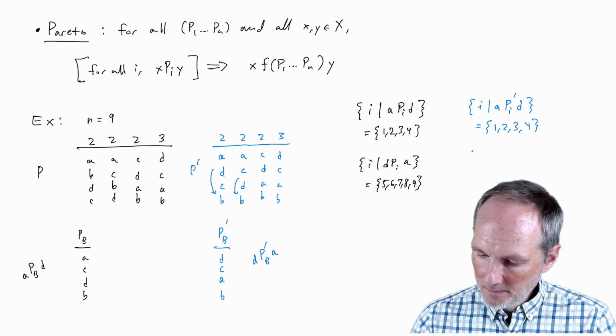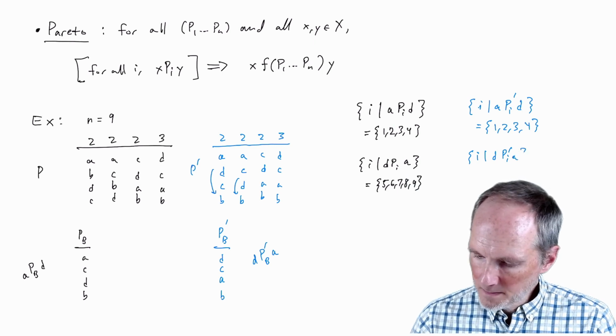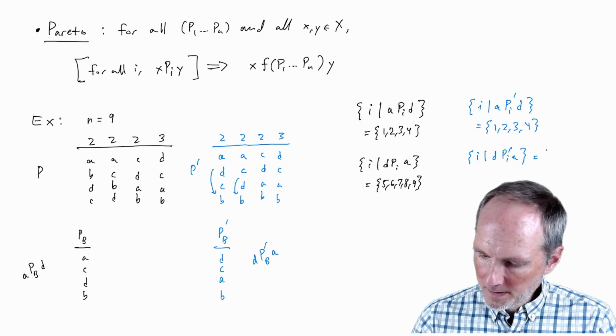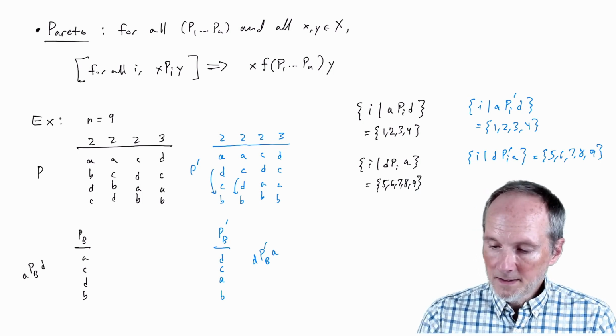And here for the P prime profile, again, it's 5, 6, 7, 8, and 9.